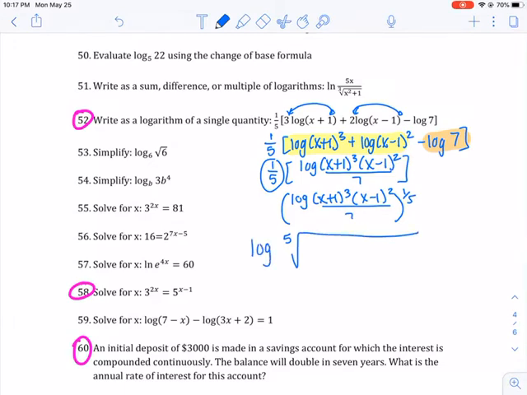So log, well, let's see. Yeah, let's move these lines. Because it's really not the log doesn't go to the 1/5. Just this stuff goes to the 1/5. So log 5th root, x plus 1 to the 3rd, x minus 1 squared over 7.